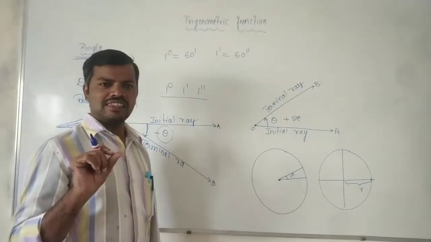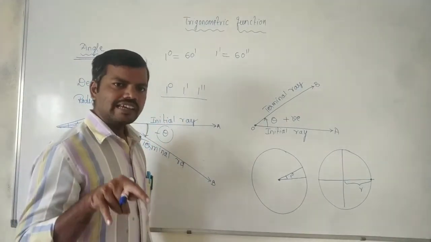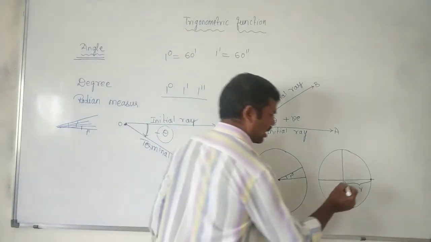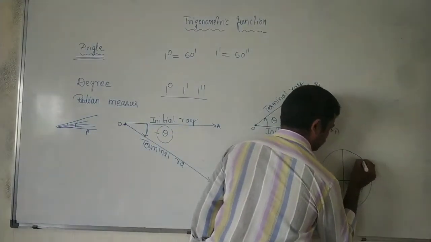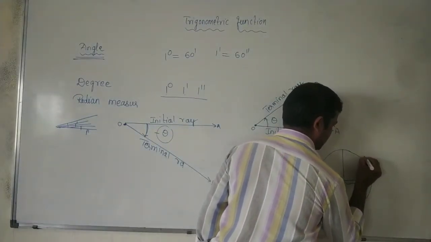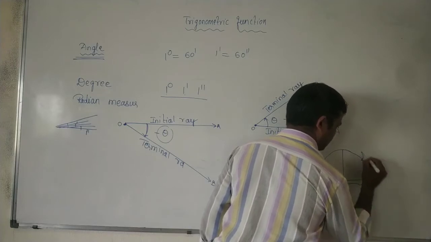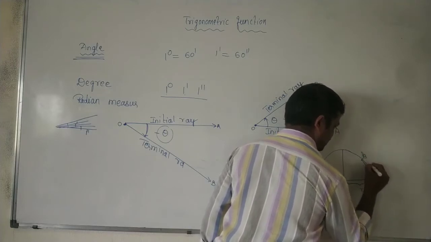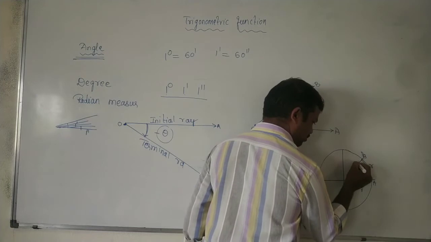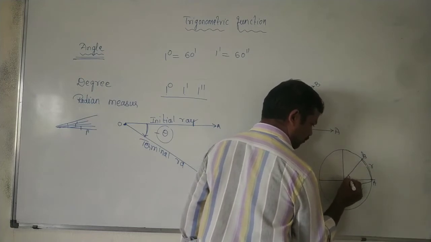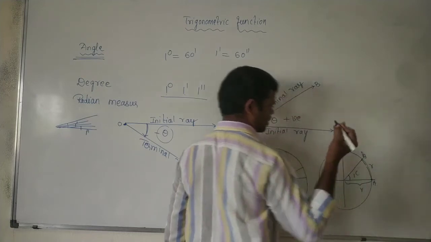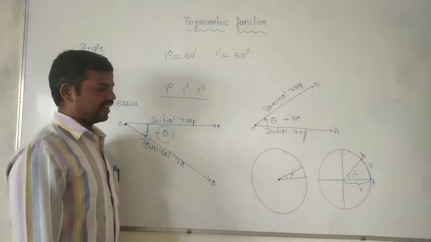The arc length is equal to what? The radius. Take this arc, that is AB is an arc. Its length is r. Then the angle that this arc forms is 1 radian.